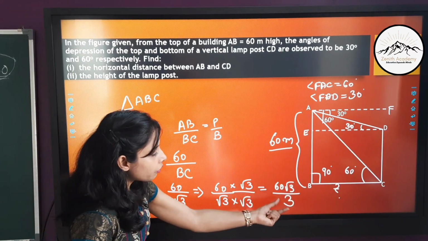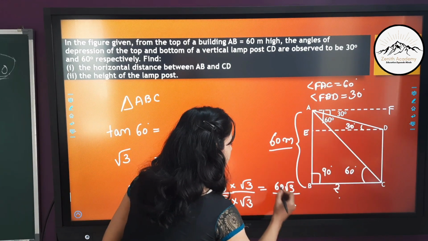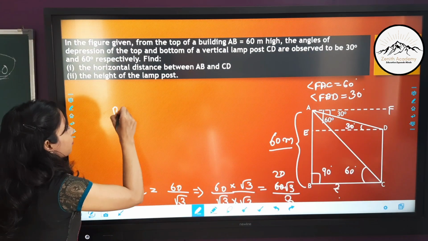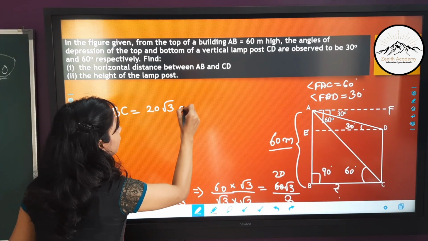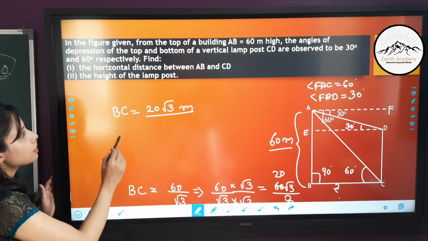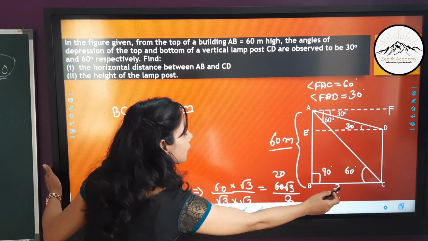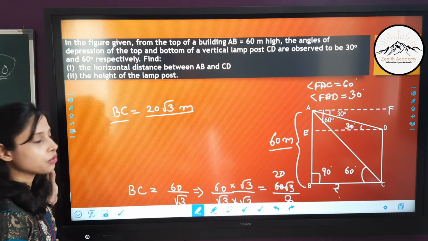Can we solve it further? Yes. 60 is divisible by 3. So 3 twenties are 60. BC is equal to 20 root 3 meters. Okay, this is the horizontal distance. Horizontal distance between the lamppost and the building was represented by BC, and the answer is 20 root 3.